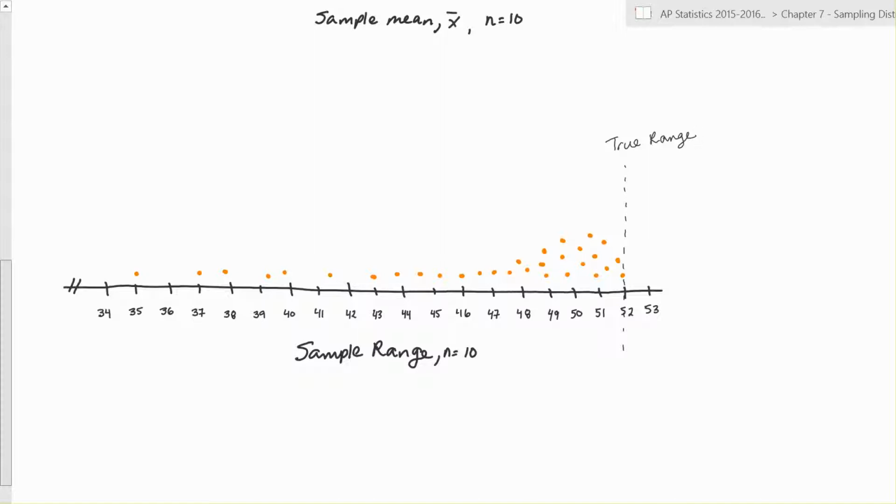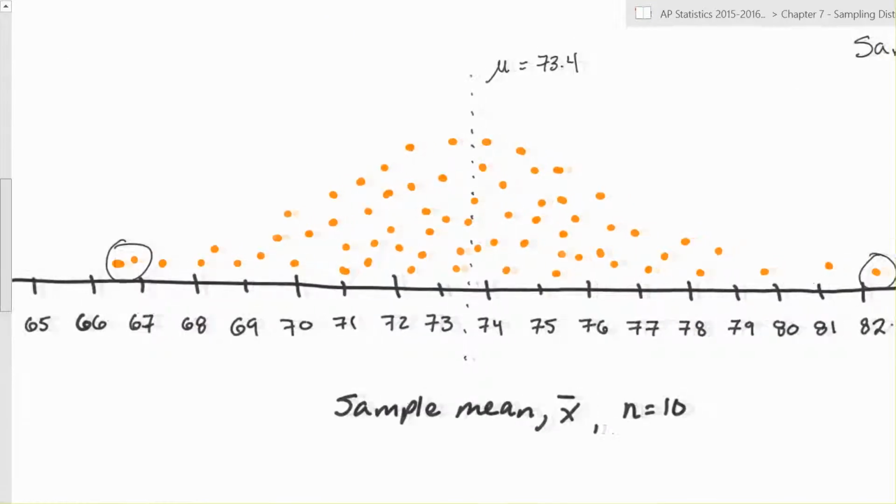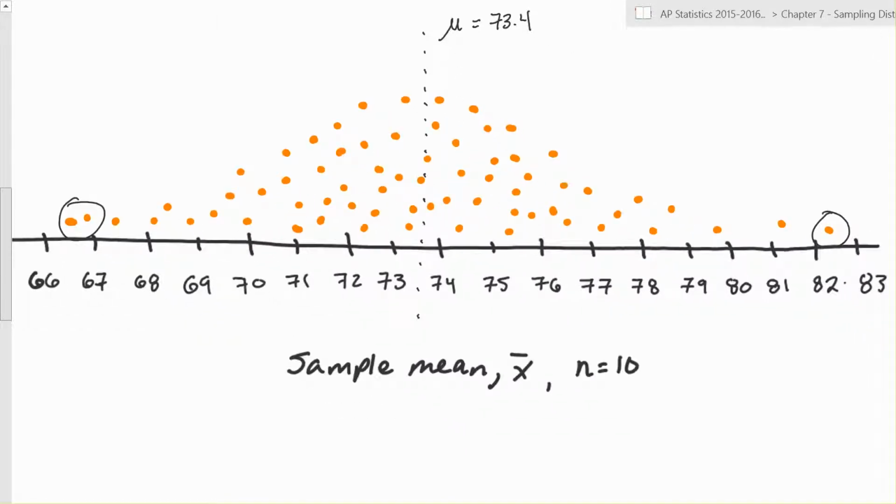That's the tool we're using to try to estimate the true range. And then all of our observed values, all these orange dots, are called estimates. Similar, but the estimates are what we observe, the realizations based on the sample data that we collect.